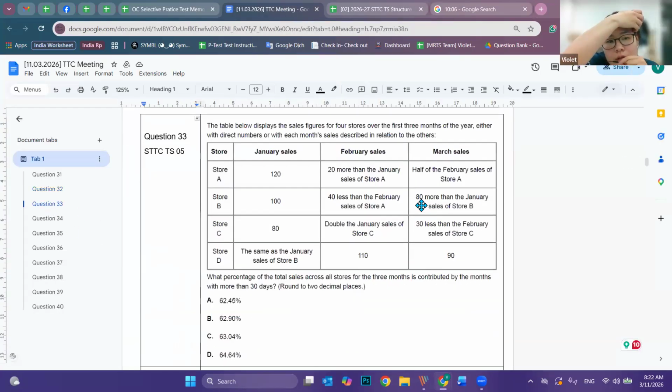So for question 33, we are given the table here. The question asks what percentage of the total sales across all stores for 3 months is contributed by the months with more than 30 days, rounded to two decimal places.